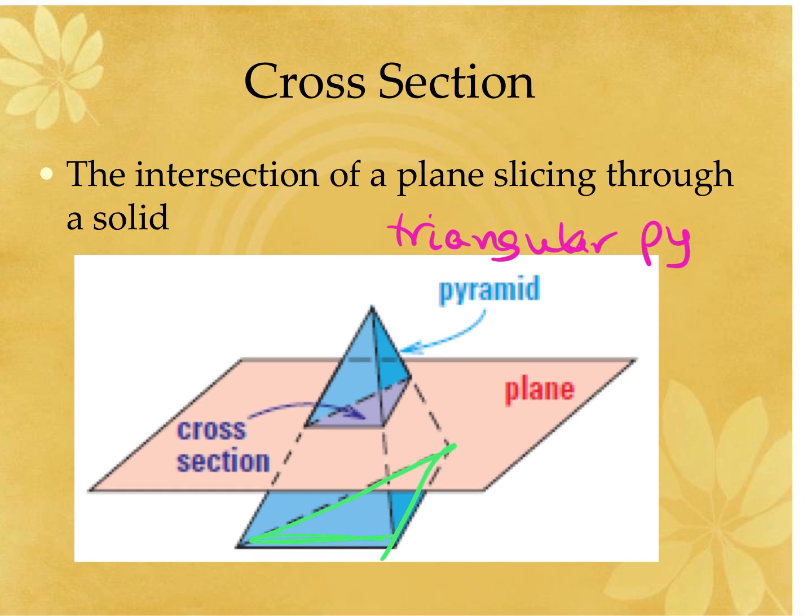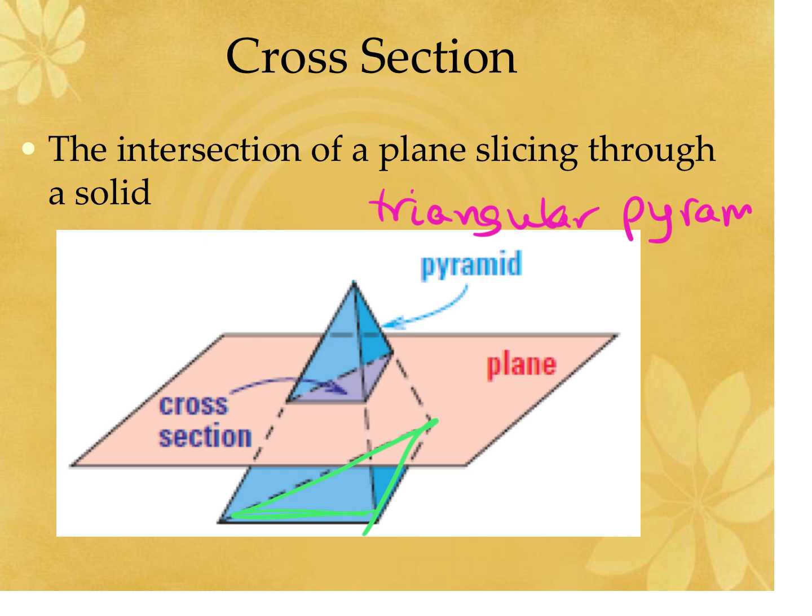And the cross section where this plane is slicing through, this cross section shape is a triangle. Now, depending on where you are slicing through, you're going to get different shapes based on the solid. And we're going to see that coming up on the last slide when we slice up a cube in different spots.